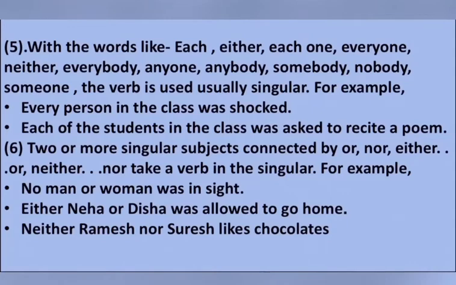Here we can see in the example, no man or woman. So, here we are having two singular subjects, man or woman, and thus it takes a singular verb. Here are two other examples: either Neha or Disha was allowed to go home. Neither Ramesh nor Suresh likes chocolates.